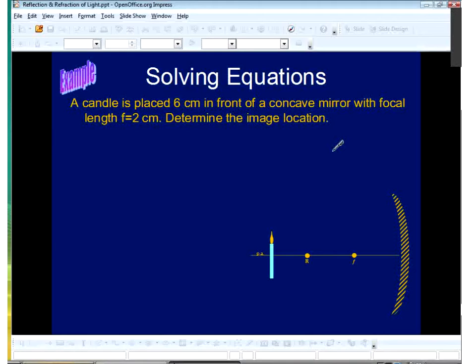A candle is placed 6 cm in front of a concave mirror with focal length f equal to 2 cm. Determine the image location. Try to do it quickly. It's formula based.